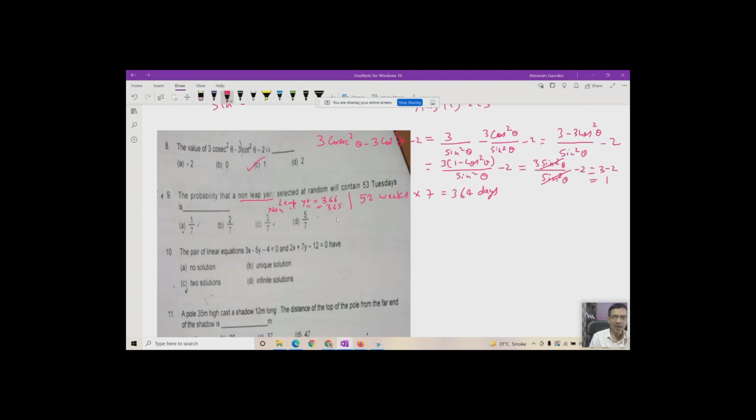Any 1 day from the 7 days. So 365 minus 364 is equal to 1 day left, and this 1 day can be 1 from 7 days.